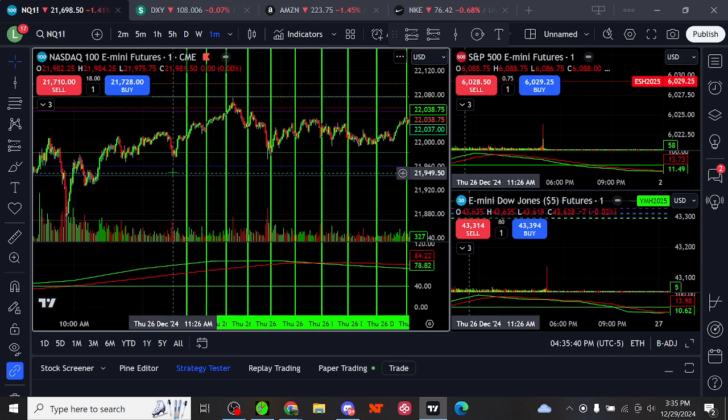And again, remember, this is a derivative of an asset. This is the futures derivative of an index, which is comprised of 100 different stocks. So it's 100 different companies moving all chaotically, and this is the average of those. So it's going to be very hard to make it super perfect because it's an average of 100 different companies, all moving their own slightly different ways at the same time.